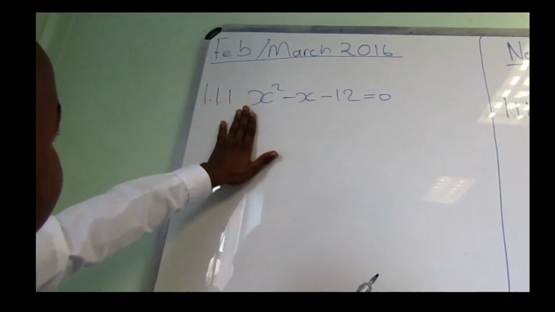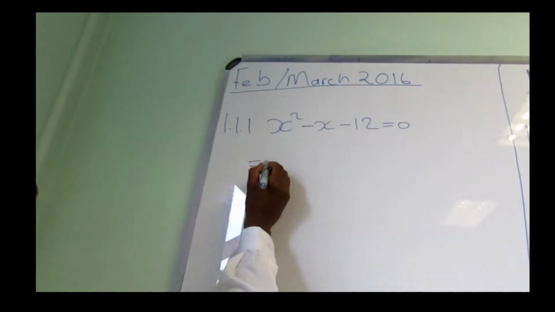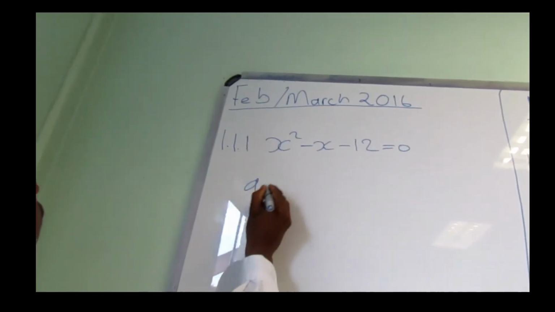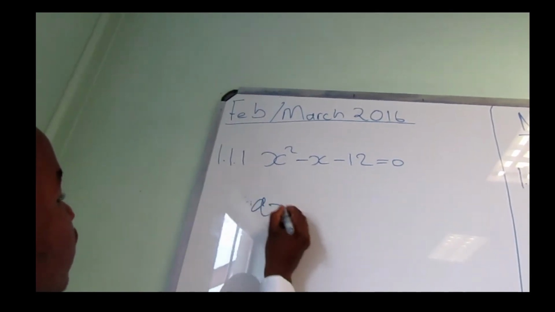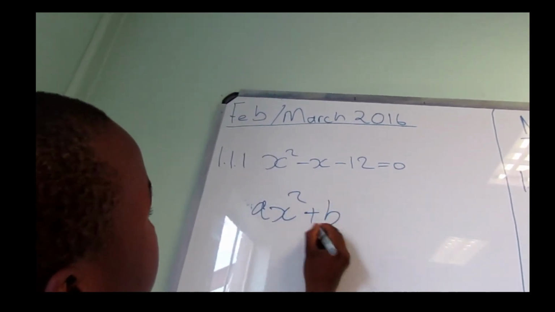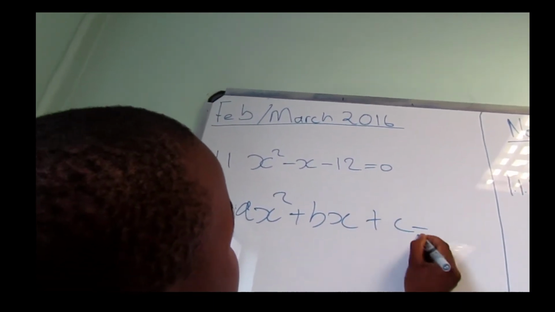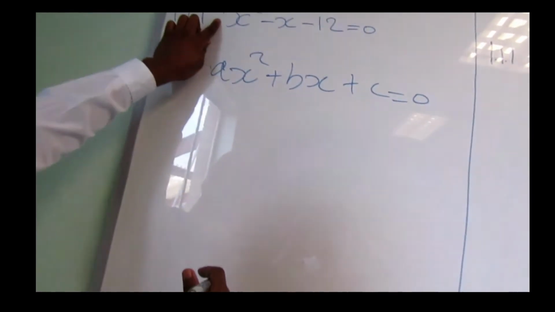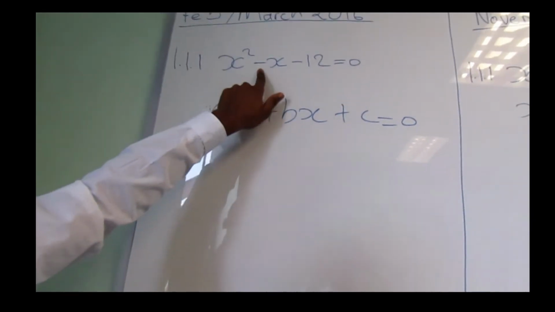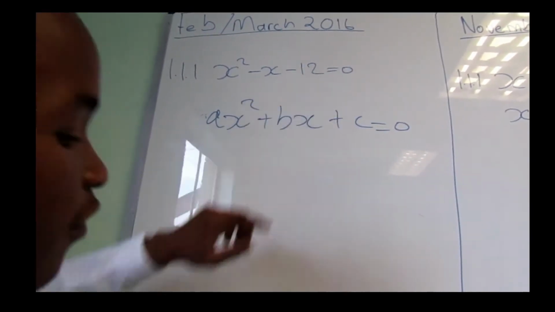Our A here is 1. When we look at this equation, it does correspond. Our A here is 1, our B is negative 1, our C is negative 12.